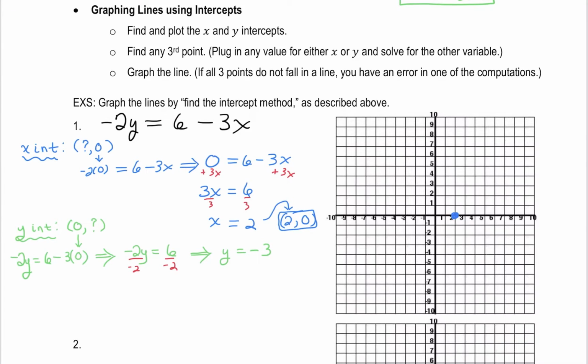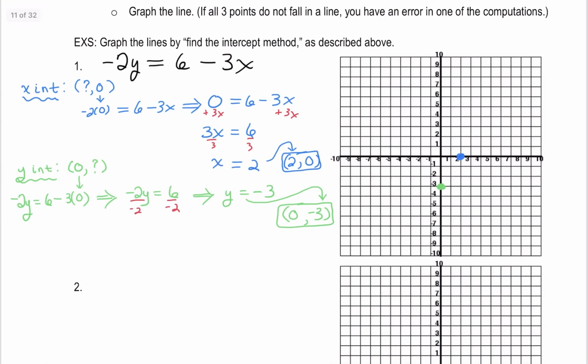So again, let's keep in mind, this was my y-coordinate when we started off letting 0 be our x-coordinate. So my y-intercept here is (0, -3). Now there's a number of ways to find and verify a third point, and I'll talk about a couple of them.